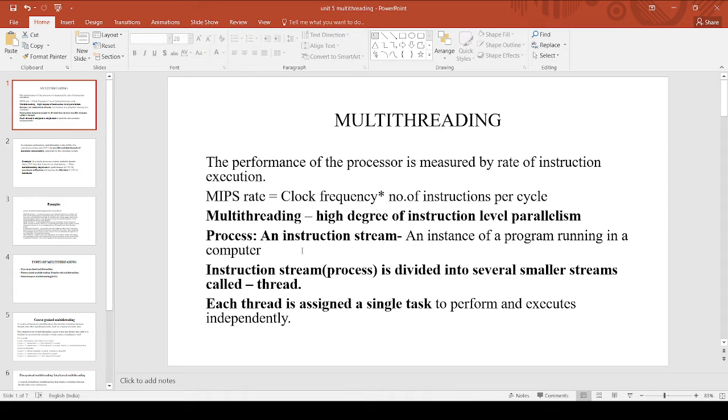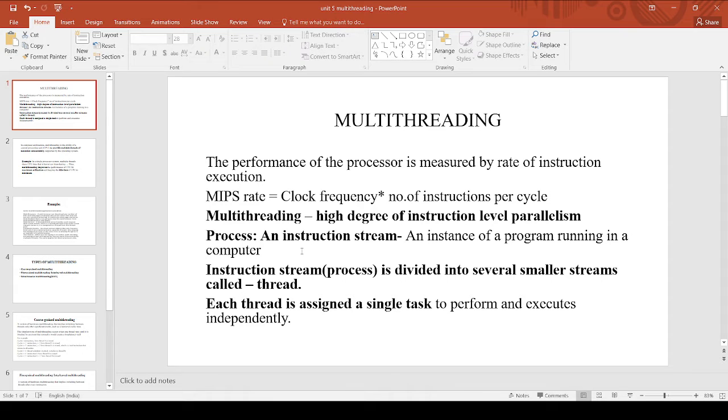For example, consider the Microsoft Word application. That is the entire process. While typing some text in Microsoft Word, some thread is checking the spelling of the words, some thread is checking the sentence format, and some thread is saving the content which is typed.